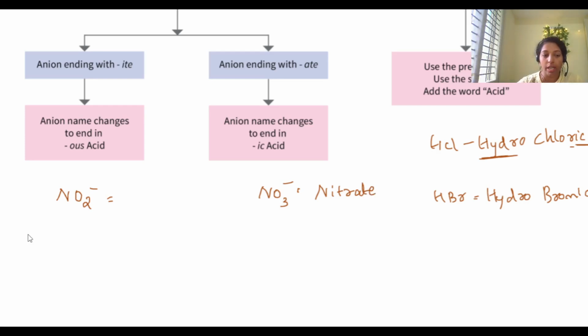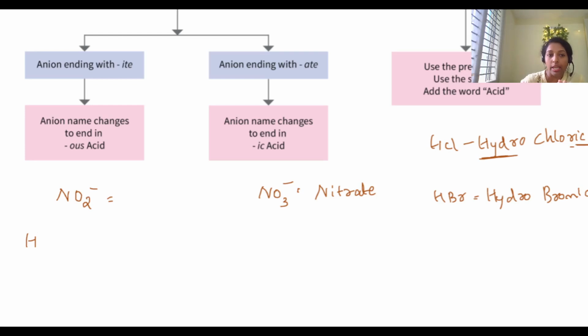So imagine hydrogen is H plus, and NO2 minus is the anion. Then HNO2, plus and minus just cancel out. One hydrogen is sufficient to cancel this charge. So HNO2.